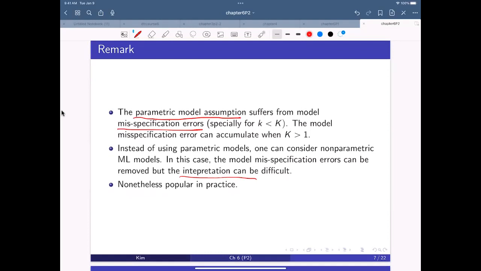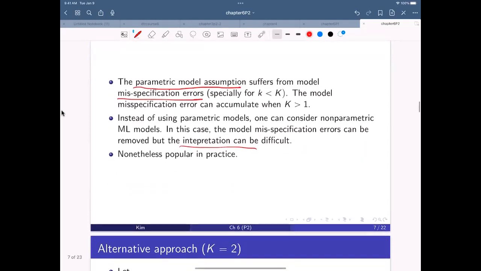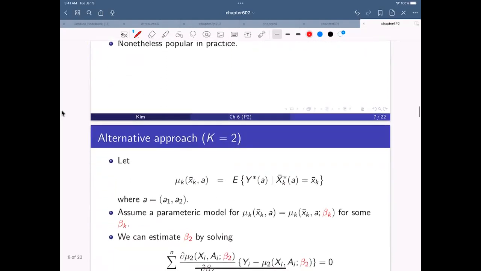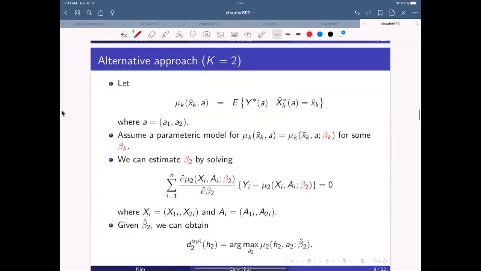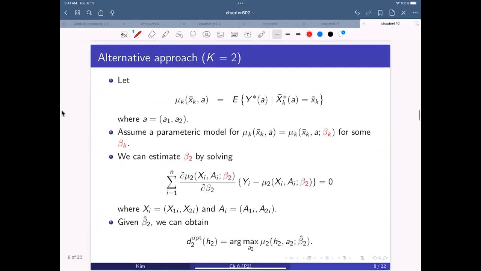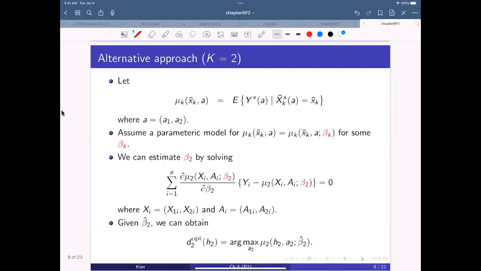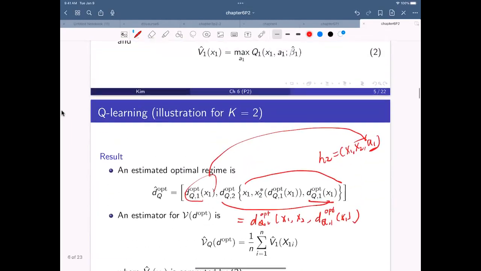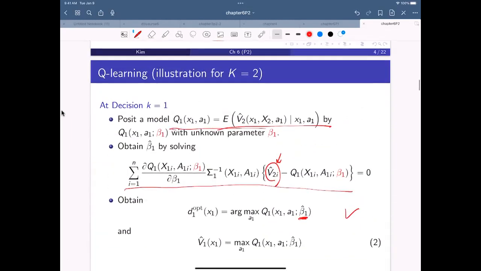But anyway, it's popular in practice. And here's an alternative approach that's briefly covered in the textbook. So, okay, the k equals 2 is the same story, right? The main concern is that the model for Q1 is a little bit difficult to specify.